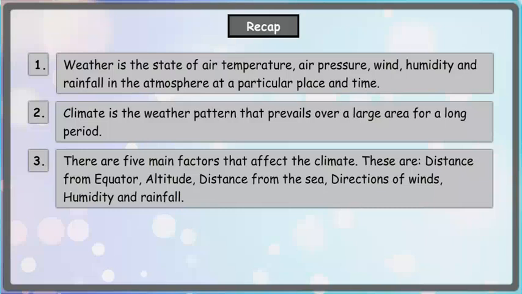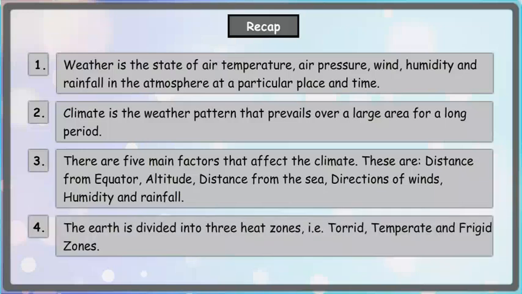These are distance from the equator, altitude, distance from the sea, directions of winds, humidity, and rainfall. The earth is divided into 3 heat zones, that is, torrid, temperate, and frigid zone.